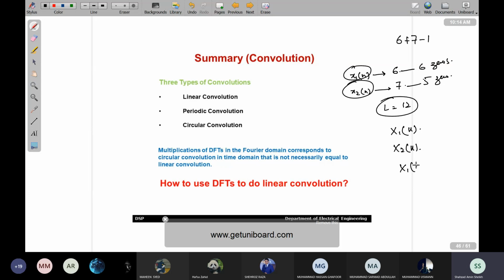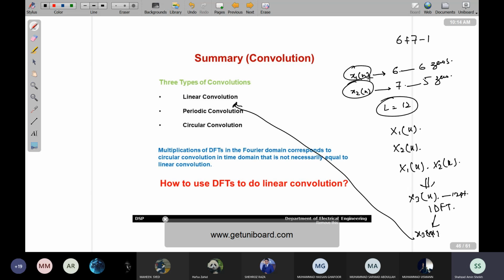Then I will be getting x3 of k, which will be a 12 point sequence, and then I will be taking the IDFT, and that would be x3 of n, which is in fact the result of the linear convolution of x1 of n and x2 of n.